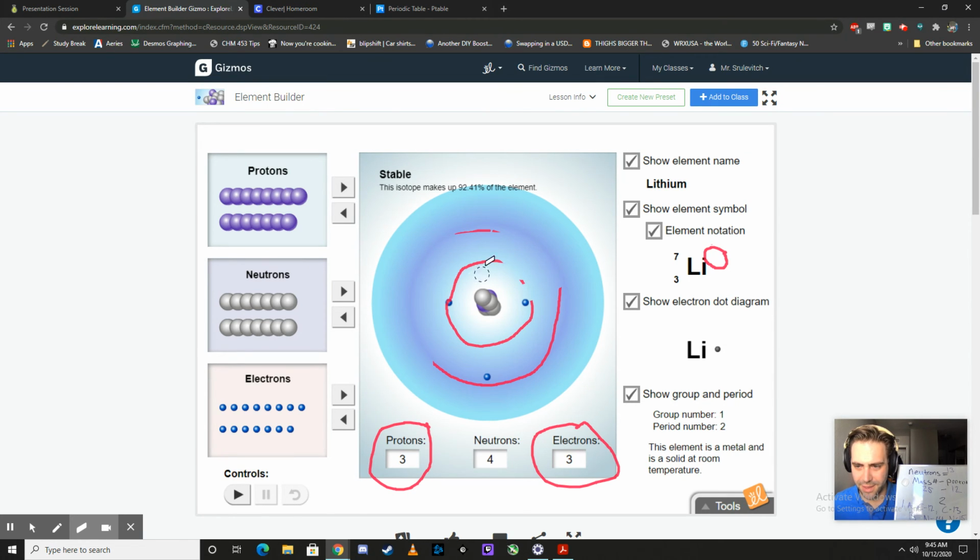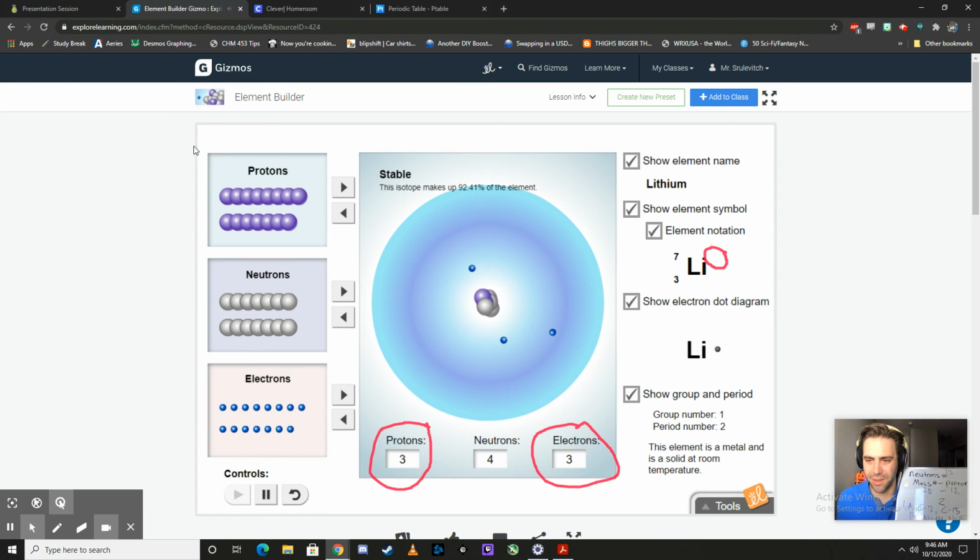Okay, I want to erase all of it, so I want to be able to see all those little particles. And I'm going to press play so we can see them spinning around. And this is what they're actually doing. Look at those electrons spinning around.